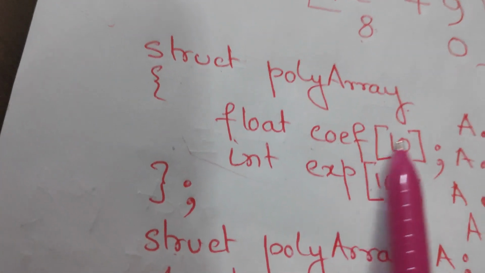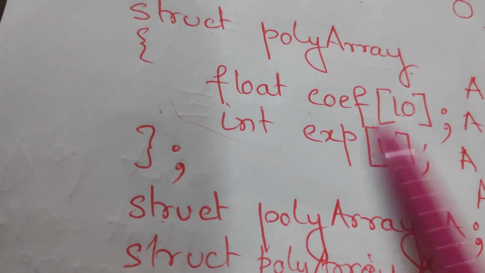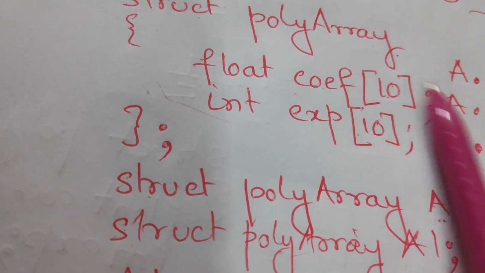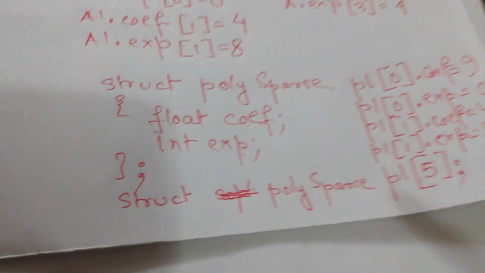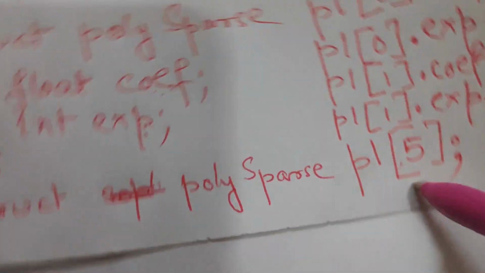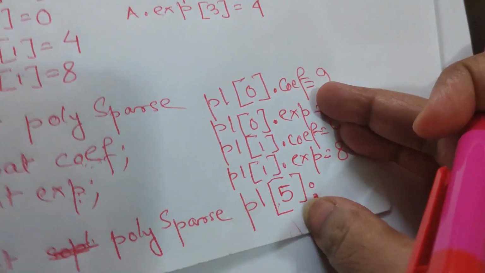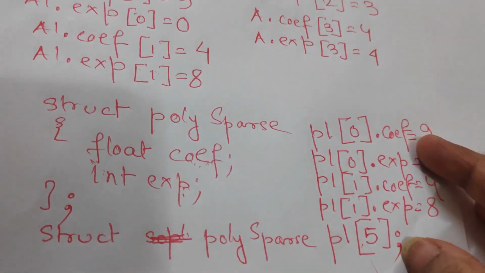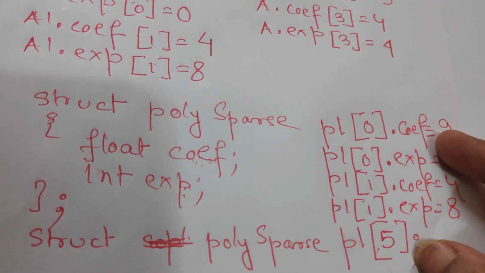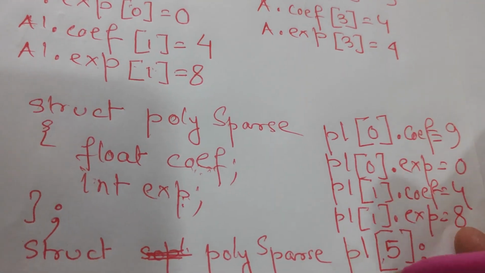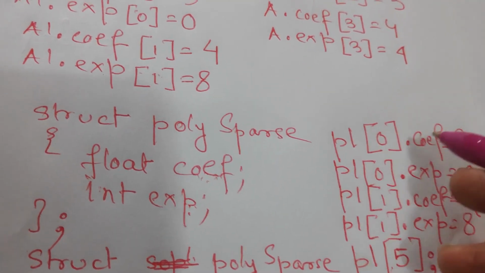So you see, over here we were not utilizing a lot of memory space, but over here, I have taken 5 as the size of the array. Out of those 5, I have used 2 spaces.